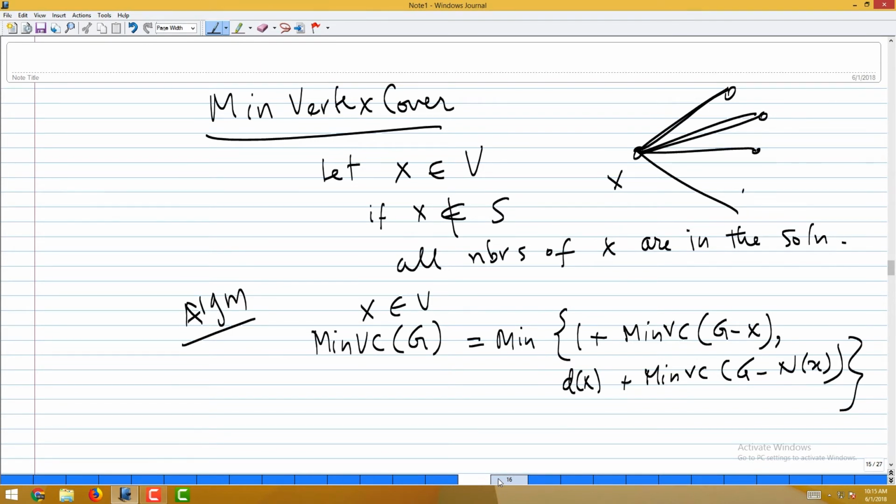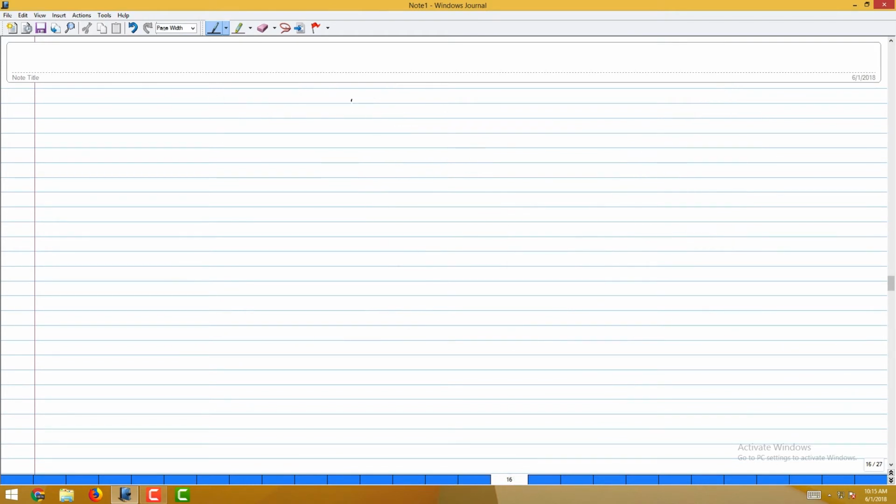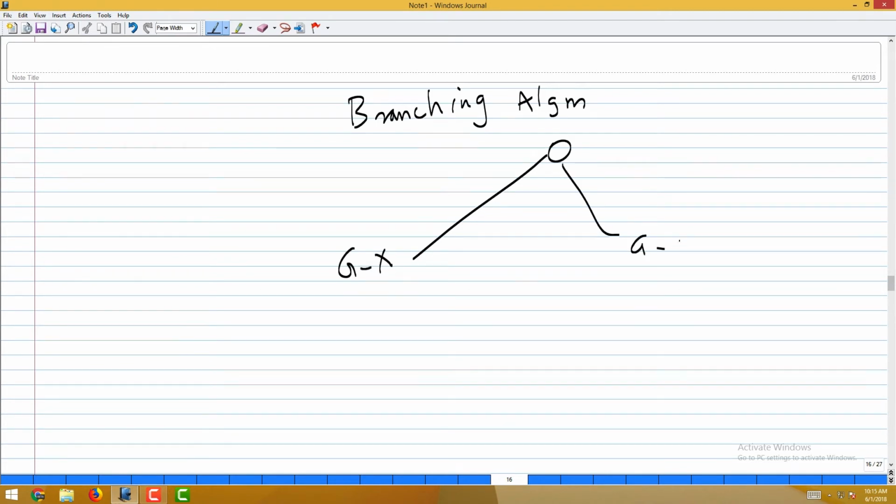In the other branch, take all the neighbors and recursively find the minimum vertex cover of the remaining graph. So, my branching algorithm would start here, and I say here I will have G minus x, and in this branch G minus neighborhood of x. So, 2 subproblems of smaller size.